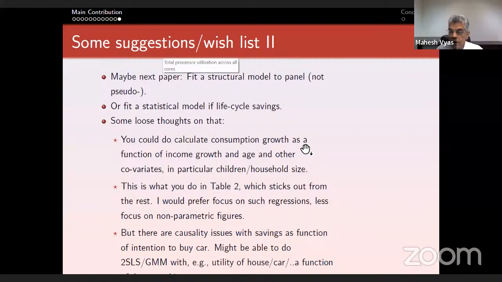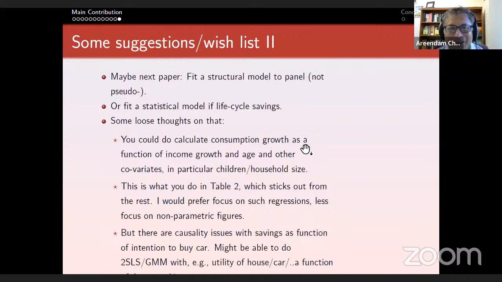I hope you can get back, Bent. Otherwise, Areendam and Neha will have to just read your slides. And I think he has given us a lot to read about and think about. That is true.